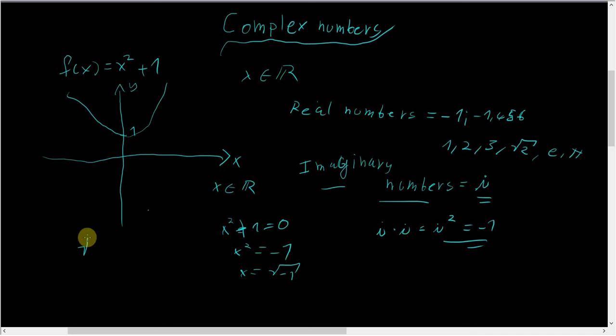Now, as we know, the square root of a, let's say that a belongs to real numbers, has to be greater or equal to 0. Now, what happens when a is smaller than 0? This is where the trick comes in. We use an imaginary number. See, i squared is defined as -1.